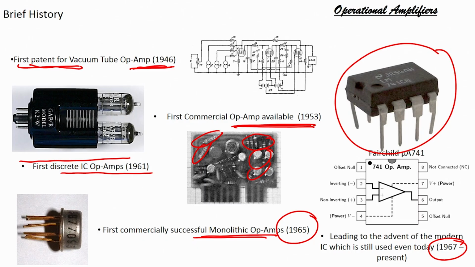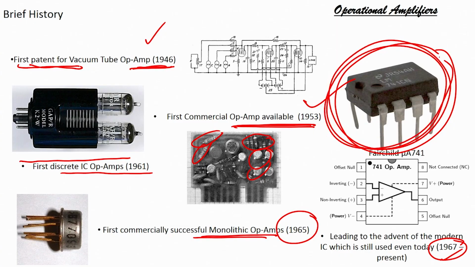So, leading to advancement of the technology which is integrated technology, we could have this particular IC. Okay. So, the point is that we started from 1946, we reached 1967, but still we are using the same operational amplifier, you see guys, from 1967 to present.